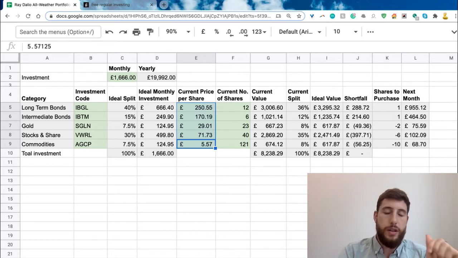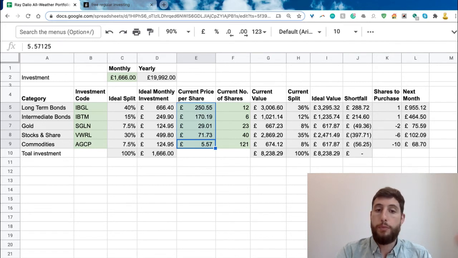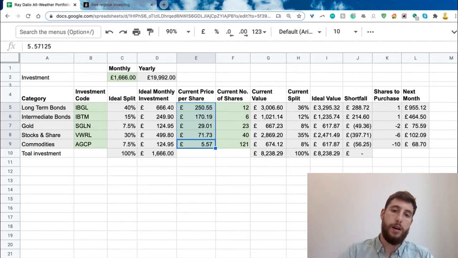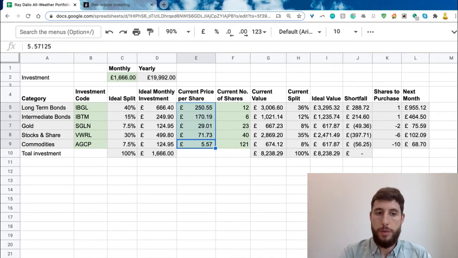But often those companies that do that don't have the same kind of selection. Because for them to be able to do that, if they're saying, okay, I'll buy 0.1 of a share for you, they still need to buy in whole numbers of shares. So they're relying on somebody else buying the other 0.9 of the share. So it works when they are very common shares that people are buying, and it tends to be a much more restricted list.